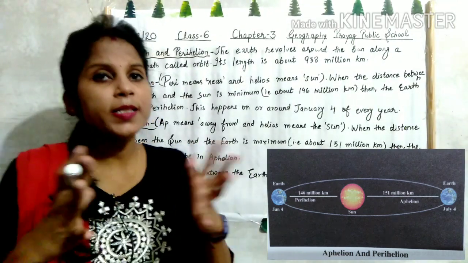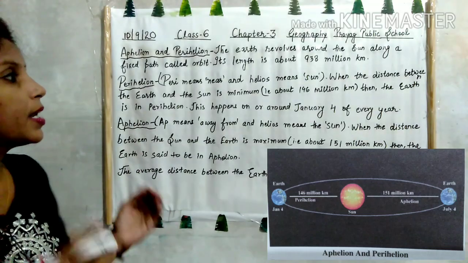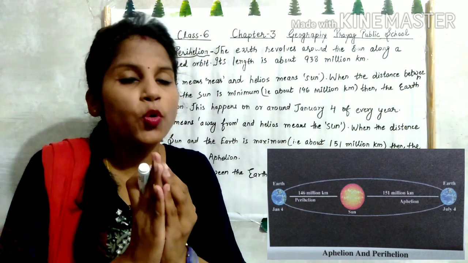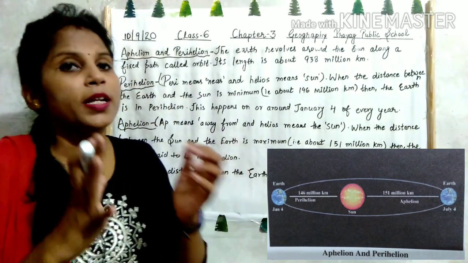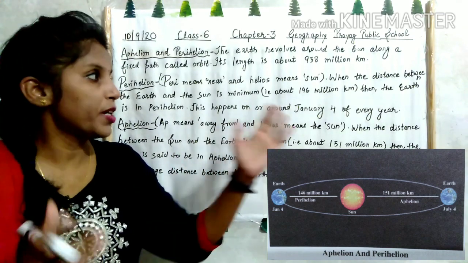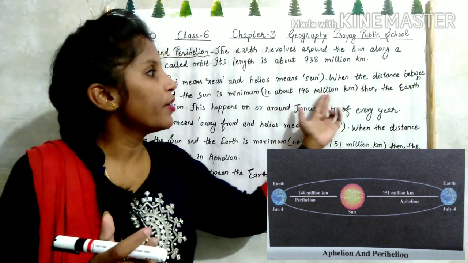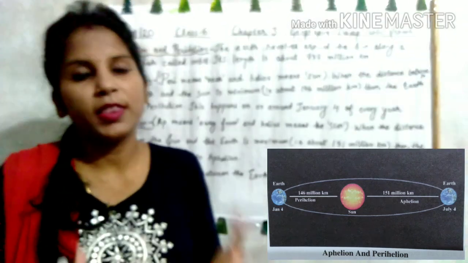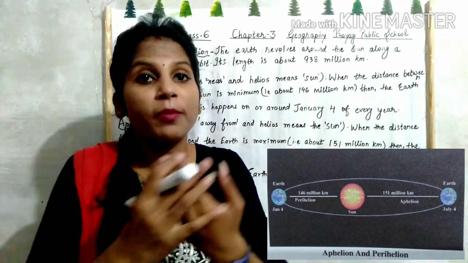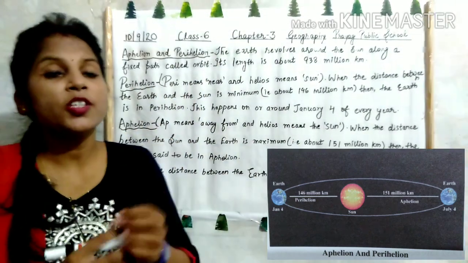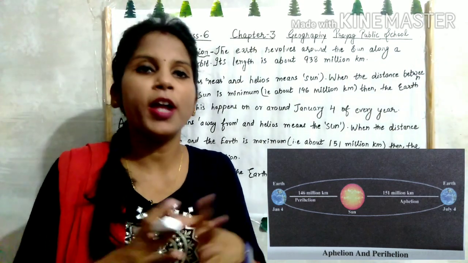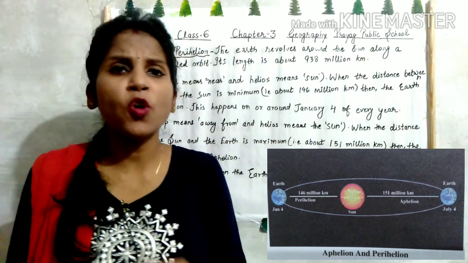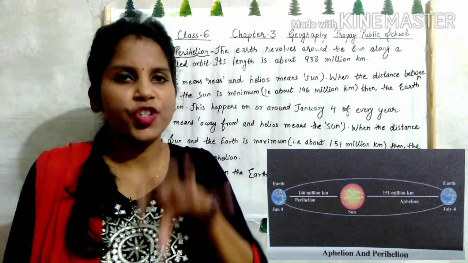So when the distance between the earth and the sun is minimum, जब earth और sun के distance से दूरी minimum होती है, बहुत कम होती है, उसे हम क्या कहते हैं? Perihelion. और वो distance क्या होता है? It is about 146 million kilometers. ठीक? Then the earth is in perihelion. तब हम कहते हैं कि earth क्या है? Perihelion में है. And this happens on or around January 4 every year. और ये जो perihelion होता है वो कब होता है? It happens on January 4 or around January 4.